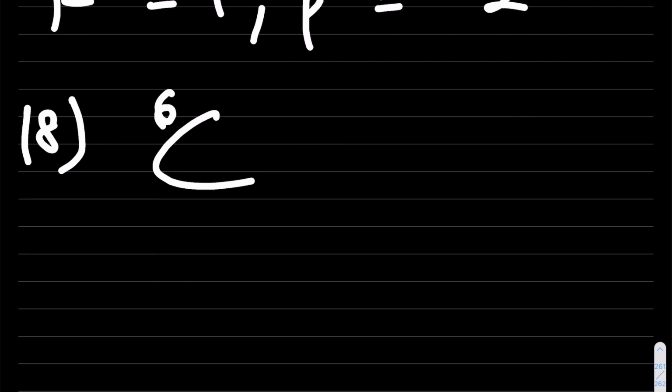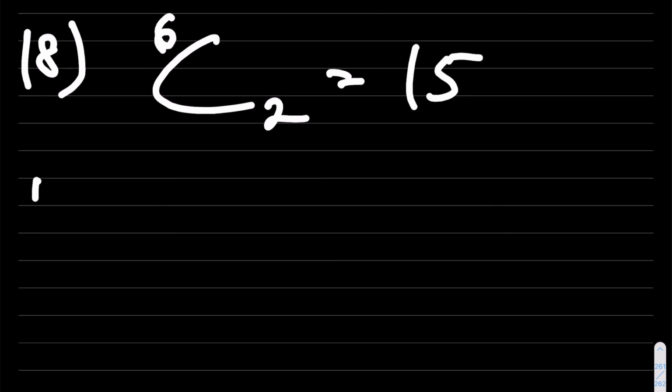That's just 6 combination 2. Do we need any long working for that? 6 combination 2. And that's 15. Yeah, that's 15 simply. Now the next one is 19. And the correct option, by the way, to number 18 is C.